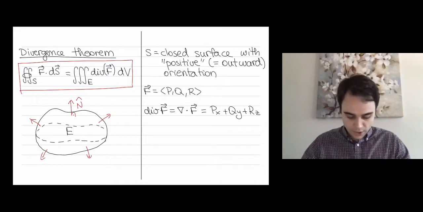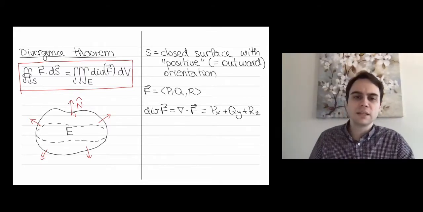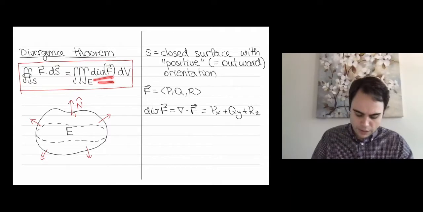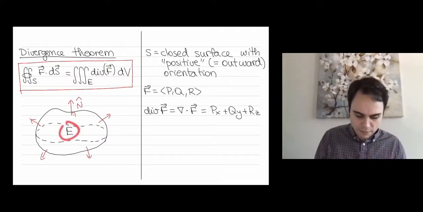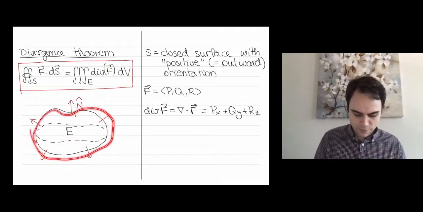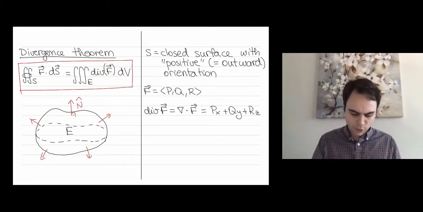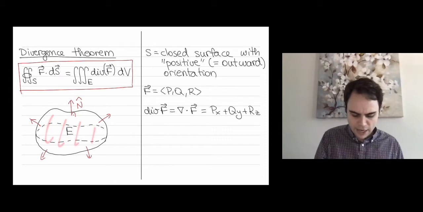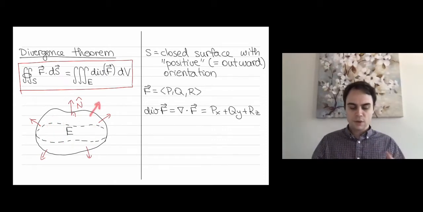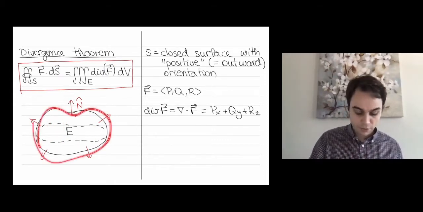So it's right, and it kind of makes sense. Whatever net expansion or contraction happens inside E must be seen crossing this boundary somewhere.